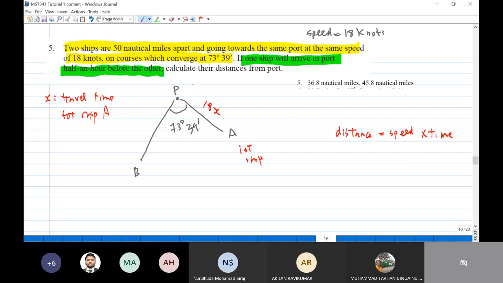Then where does the second ship arrive? If this is the first ship to arrive, the second ship must arrive half an hour later, because the difference is half an hour.